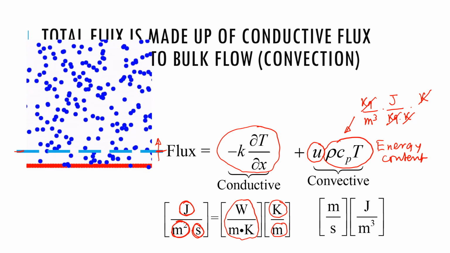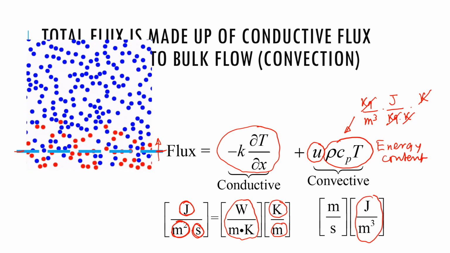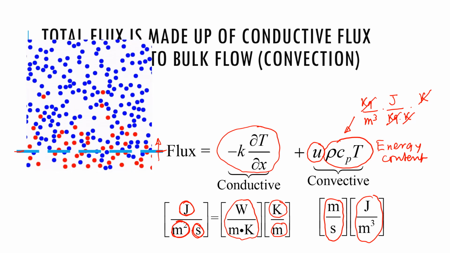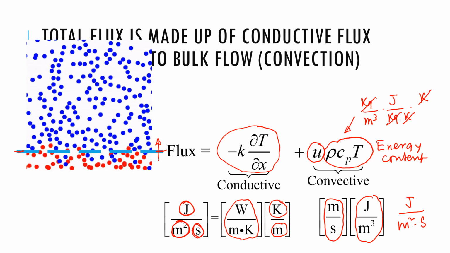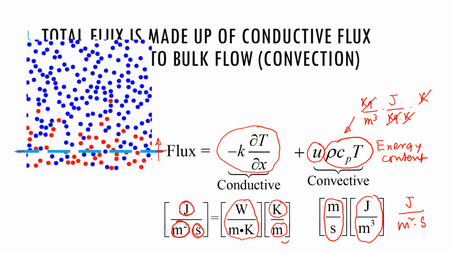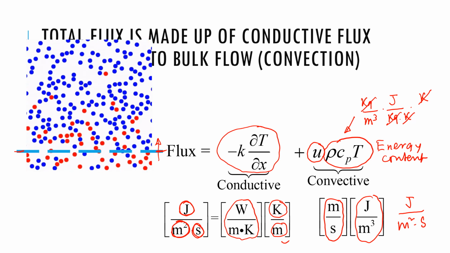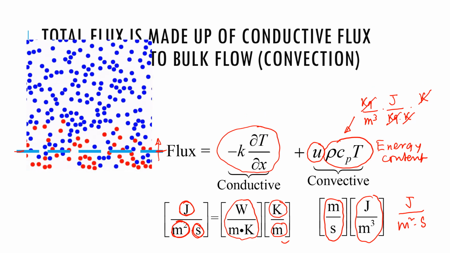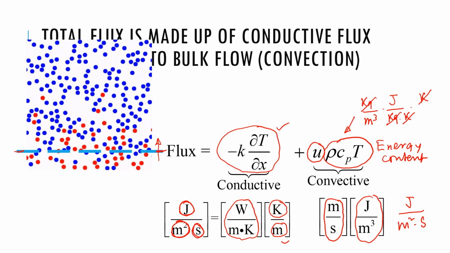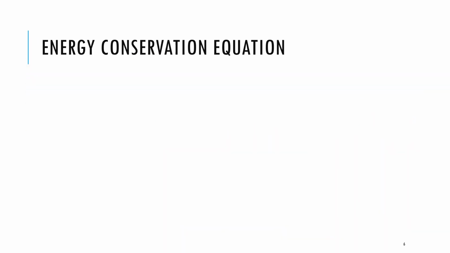So this joules per meter cube is moving with the velocity, meters per second, and if you multiply, you again get joules per meter square per second, just like this term. So they can be added together. Then we have two ways that energy can come into or go out of the control volume: conduction and due to flow. We are now ready to apply the conservation principle to an arbitrary control volume and derive the energy conservation equation.